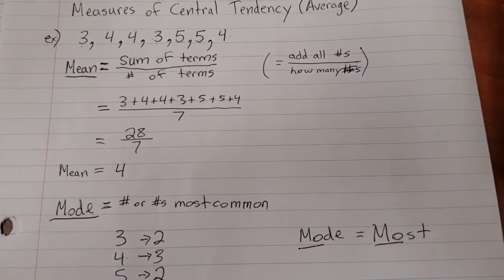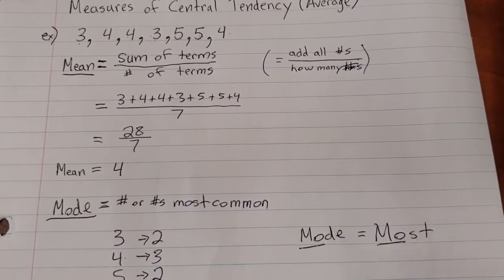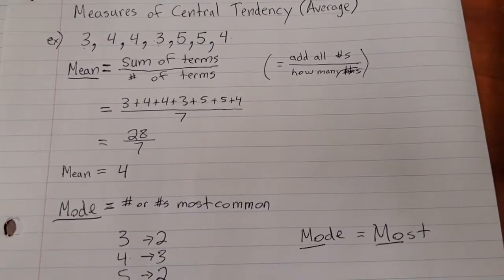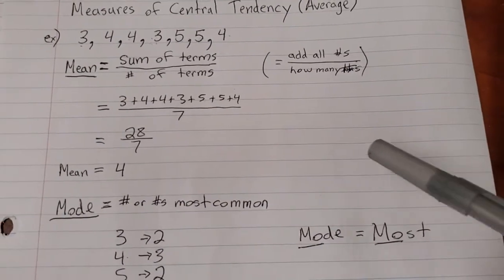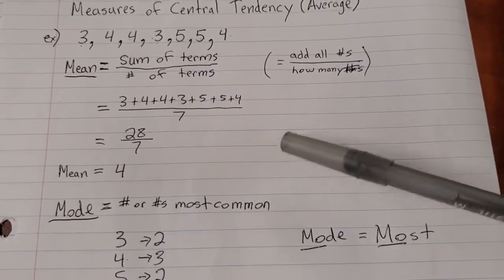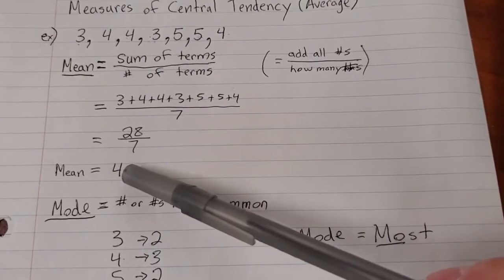The mean is the one that will sometimes be a number that isn't necessarily in the set. Sometimes you're going to do this calculation and you're going to get some decimals.